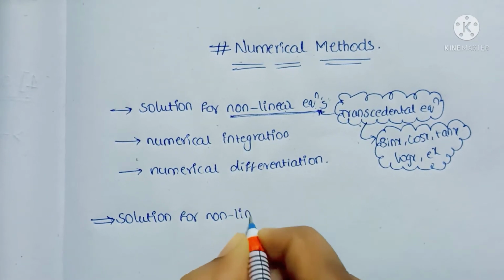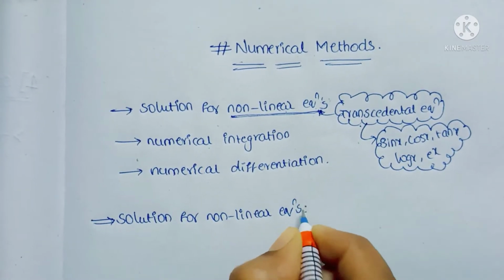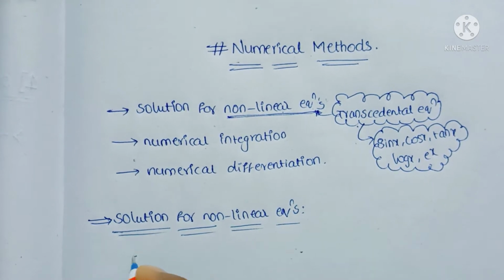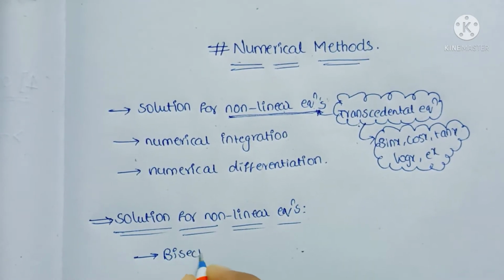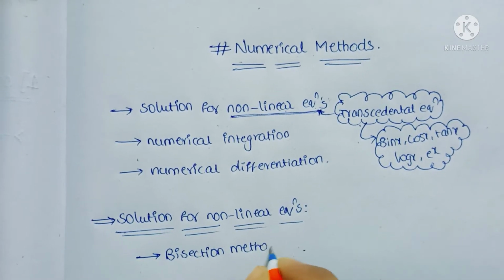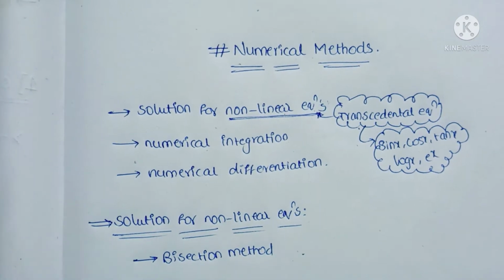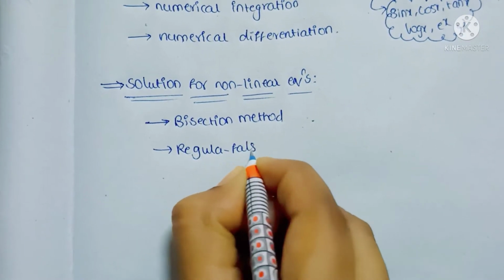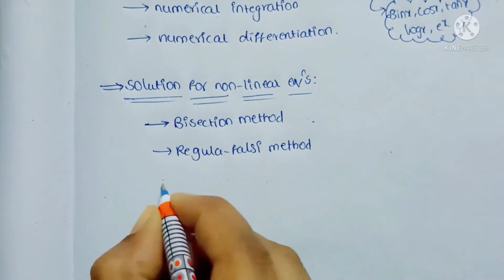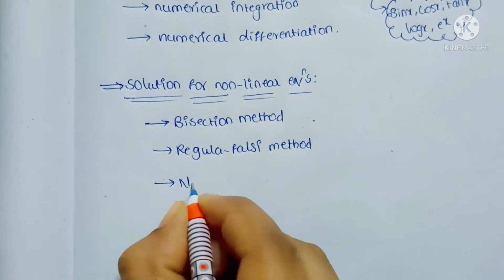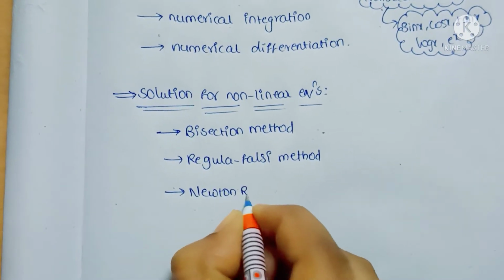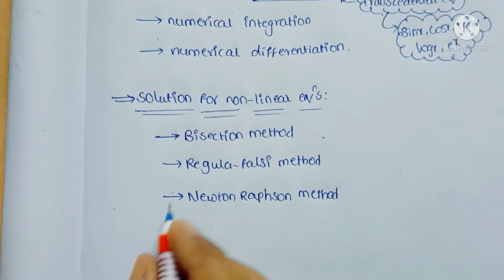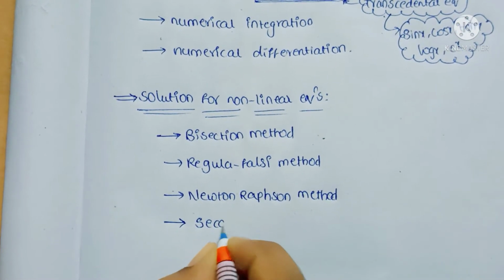One is the bisection method, another one is the regula falsi method, another one is the Newton Raphson method, and the last one is the secant method.